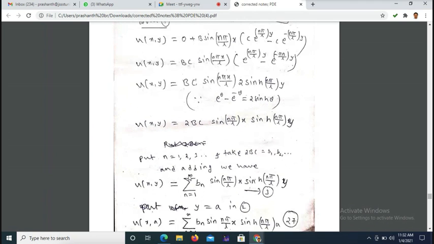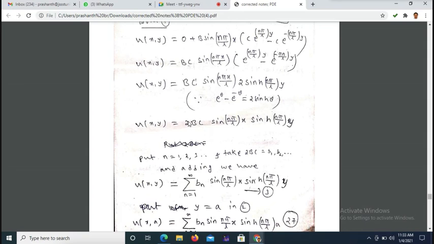Put the value of n. If you put n value as 1, 2, 3, you are going to get different values. So I can take these 2 BC values as B1, B2, B3, and add all the values. I don't know the value of BC, so you can get the constants B1, B2, B3, etc. Are you understanding?